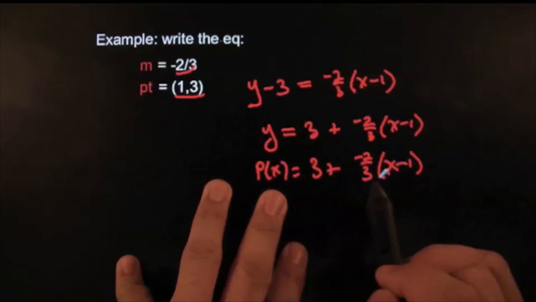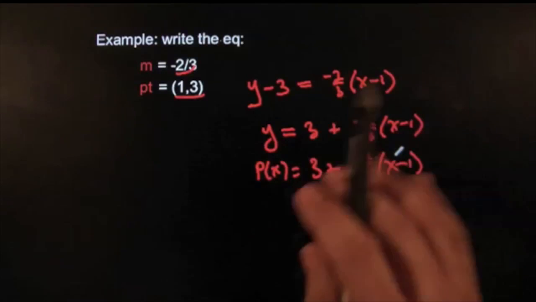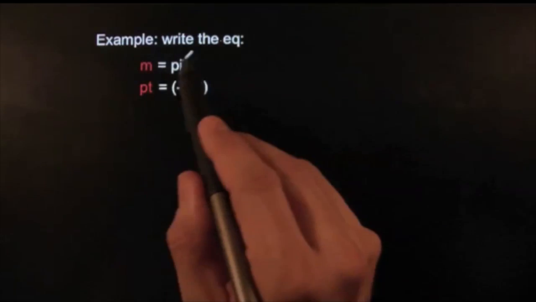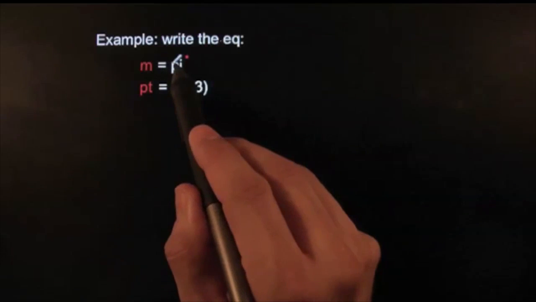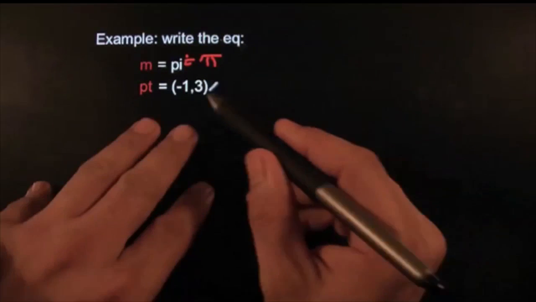Pretty basic, right? You could clean this up if you wanted to, but I'm not that interested in that. The slope could be all sorts of things, and the point could be all sorts of crazy things. For example, the slope could be pi, and that shouldn't scare you or make the process any different.